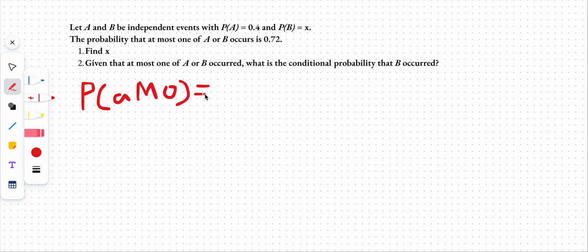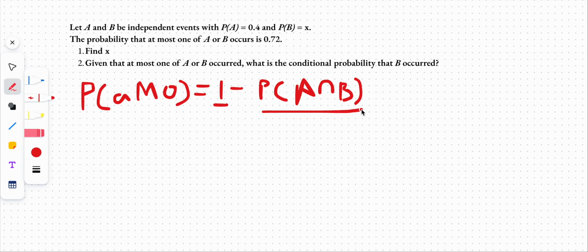Now that that's been established, we can look at P of at most one, and this is equal to 1 minus the probability of A and B. And that makes sense intuitively, right? The probability of everything minus the probability of both is the probability of all the rest.